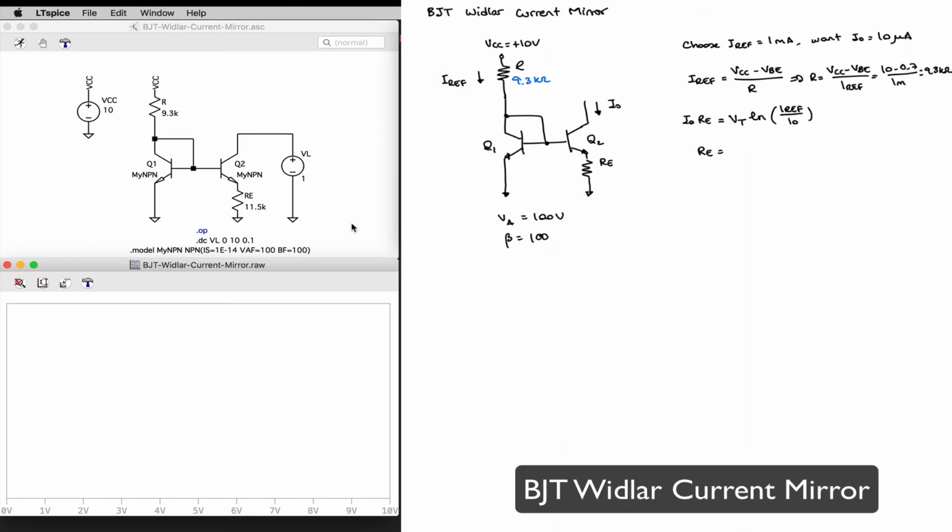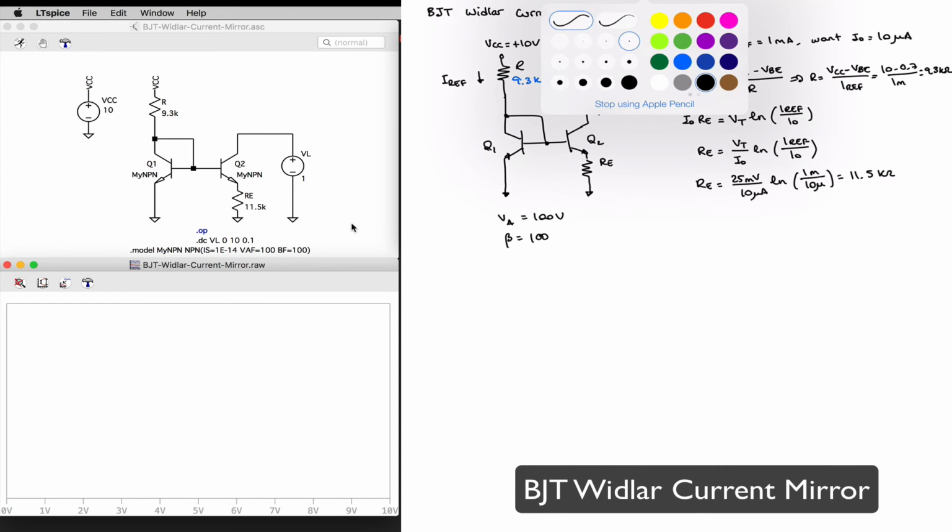That's going to be Vt divided by I out, natural log of I ref over I out, or 25 millivolts divided by 10 microamps, natural log of 1 milli divided by 10 micro. And that gives me 11.5 kilo ohms.